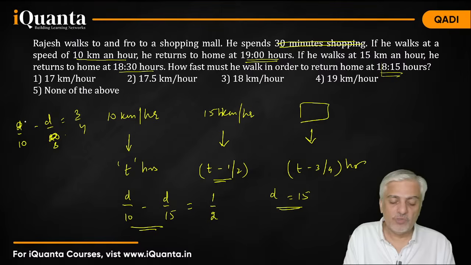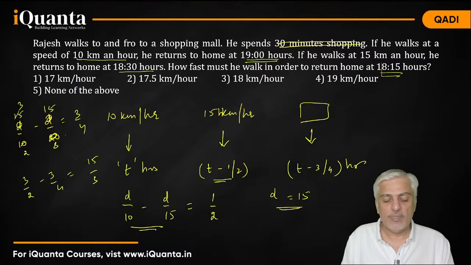So d we know is 15 by now, and then solve. So 3 upon 2 minus 3 upon 4 is 15 upon s. Solve it out, you'll get s.